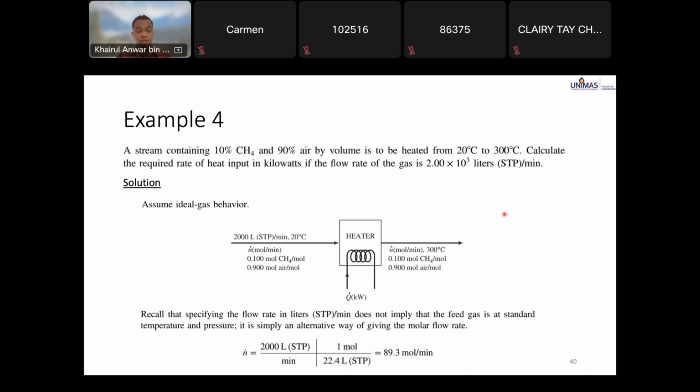So solution, assume ideal gas behavior. So 2000 liter STP per minute enter the heater.